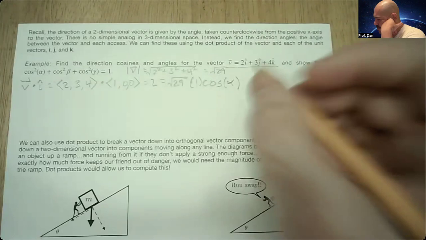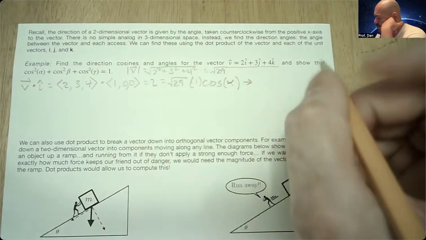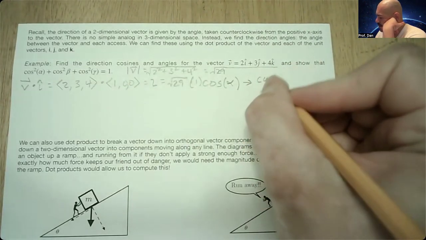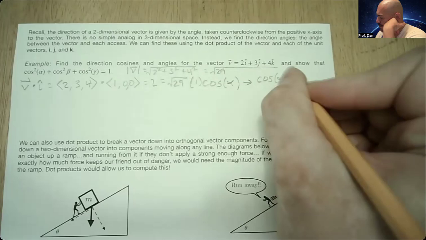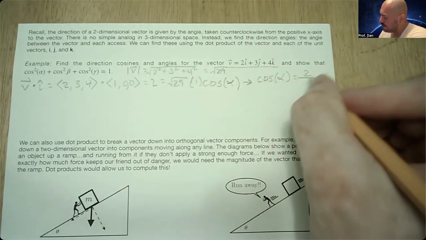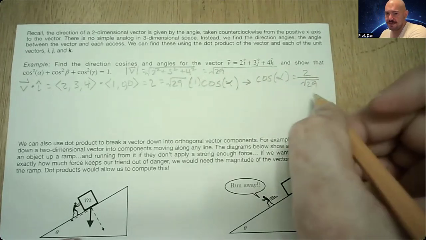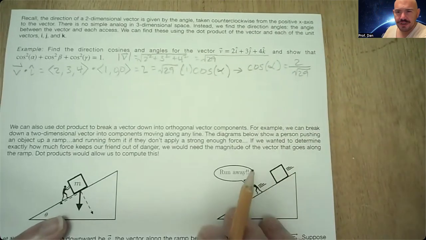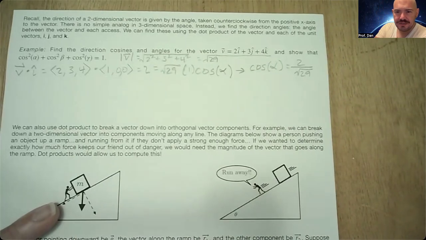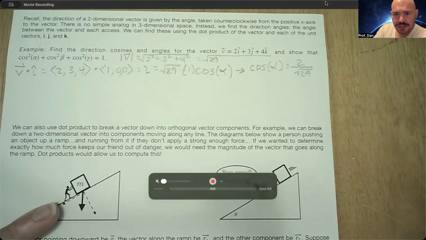Solving my trig equation here, we end up with cosine of alpha equal to 2 over the square root of 29. 29 is a prime number, so I cannot simplify that radical.